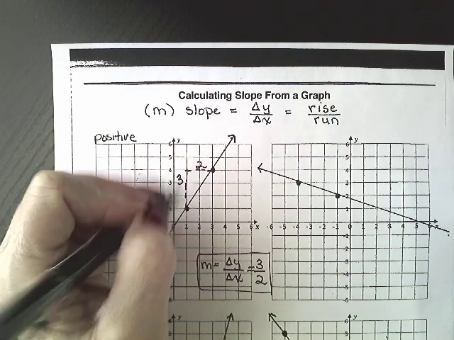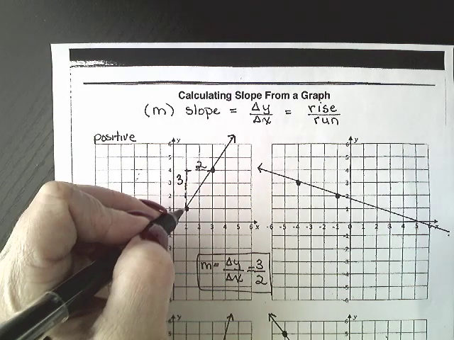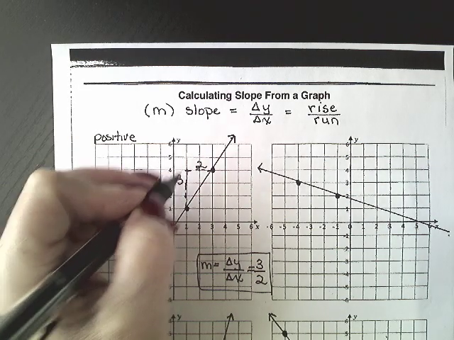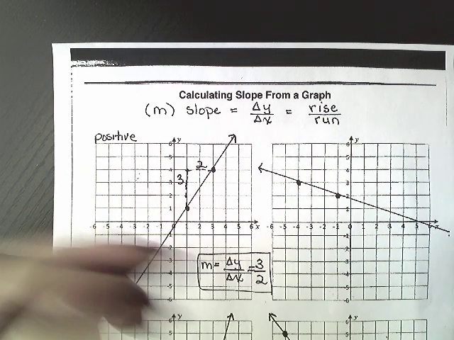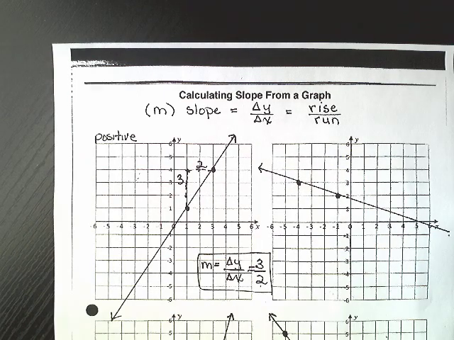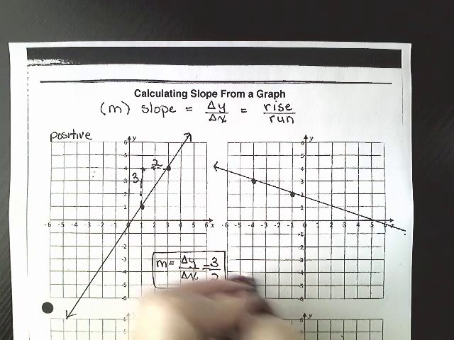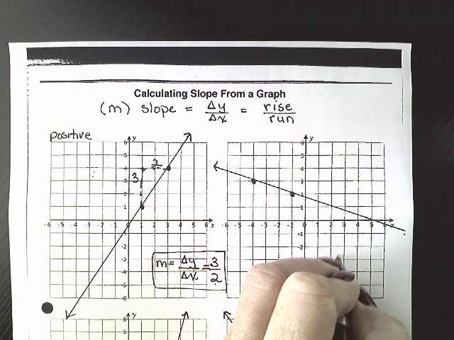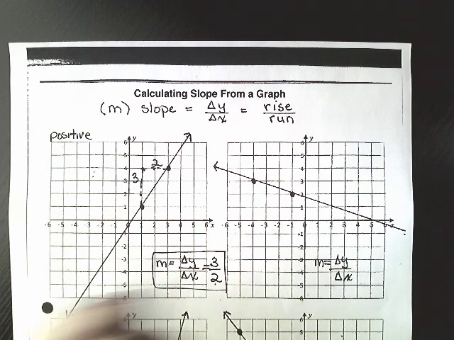So my change in y, here's my y-axis, so that's my up and down change. That's going to be 1, 2, 3. Up 3. So 3 is going to be my change in y. Over 2, 1, 2, that's my change in x. Now again, we're going to put m equals change in y over the change in x, always.